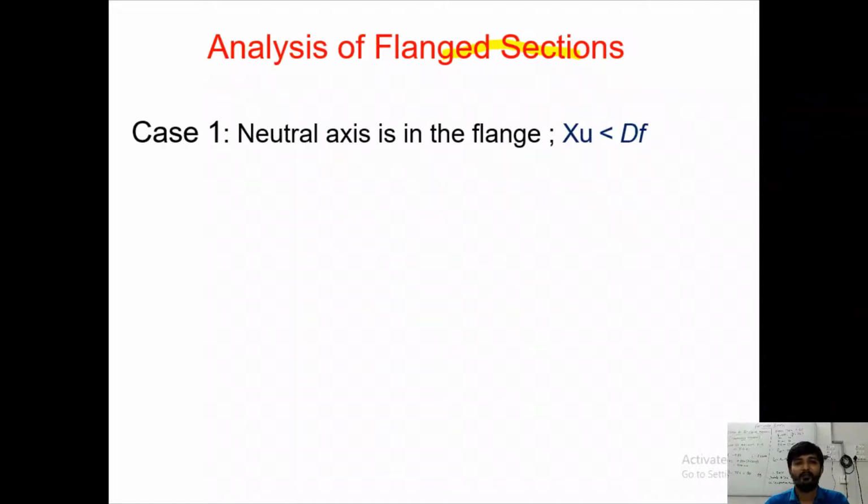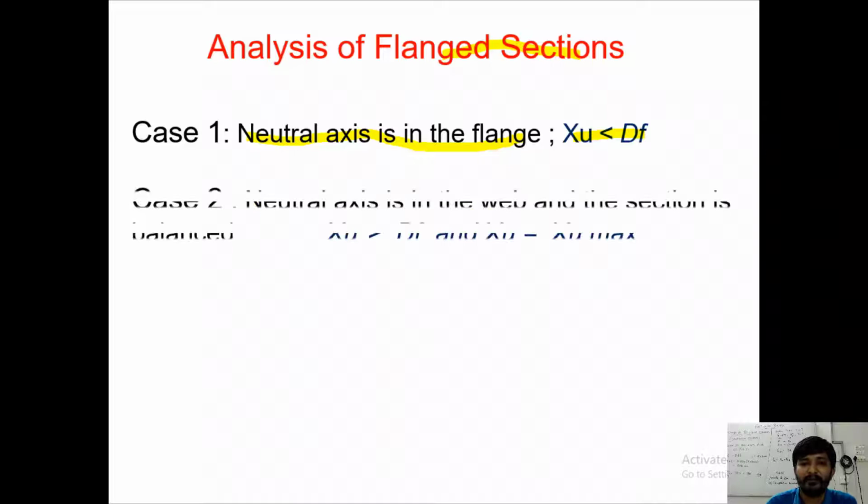Now let us start with the analysis of flanged sections. So first case, that neutral axis is in the flange, xu is less than Df. Case number 1. So the neutral axis is in the flange, that is the top part of the T, right? And xu is less than the depth of slab, that is Df.